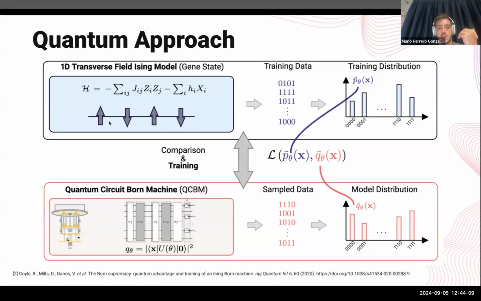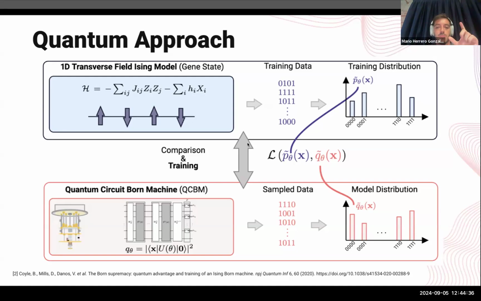For some of you who know, this could represent magnetization. So what we do basically is we retrieve the data and we obtain our training distribution. This shows the probability the bit string 0 appeared, and then we do that for all the bit strings. 1 represents spin up, and 0 represents down.